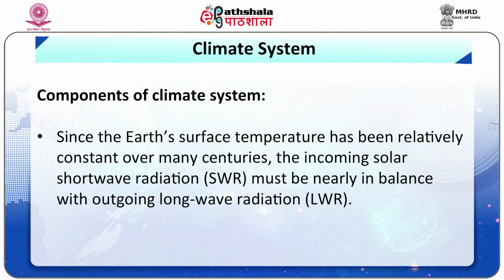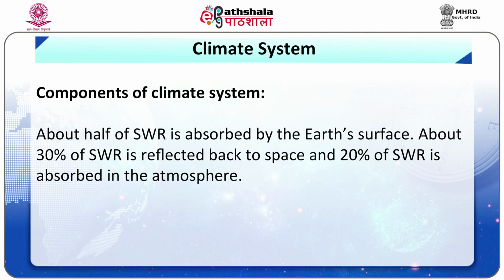Since the Earth's surface temperature has been relatively constant for many centuries, the incoming solar shortwave radiation must be nearly in balance with outgoing long-wave radiation. About half of shortwave radiation is absorbed by the Earth's surface. About 30% of SWR is reflected back to space, and 20% of shortwave radiation is absorbed in the atmosphere.